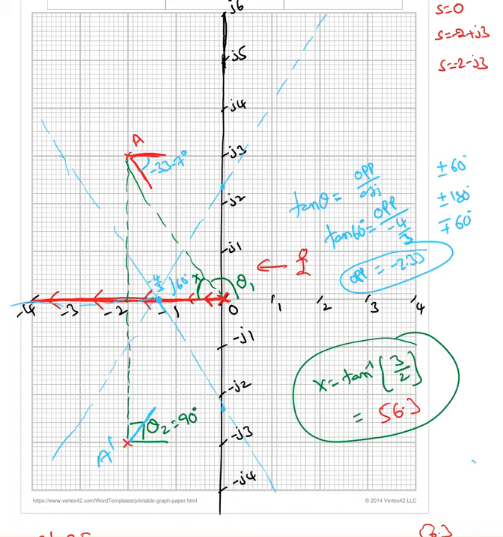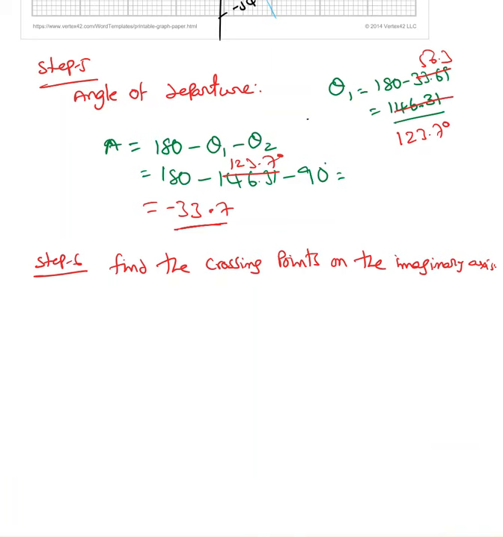So to have the same thing for sure, this must be positive 33.7 degrees. So this is the angle of departure. This root locus is going to depart at 33.7 degrees. This is negative 33.7, this is positive 33.7 degrees.